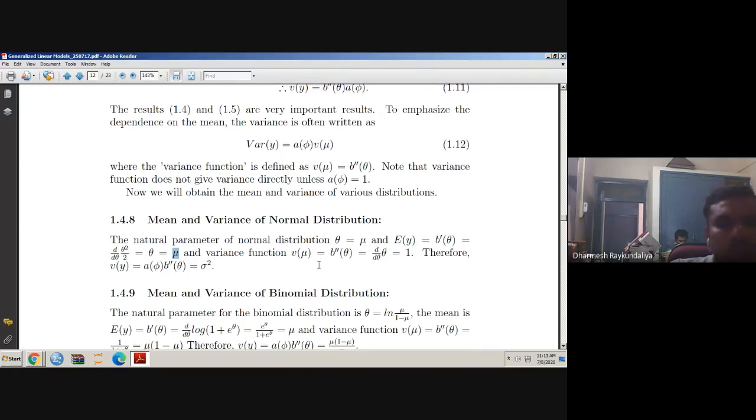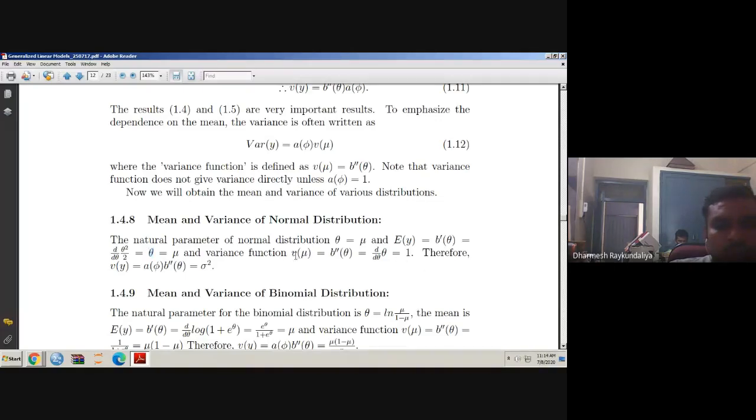And what about the variance of y? The variance of y is equal to a phi into b double dash theta. How do we obtain b double dash theta? It is the derivative of b dash theta with respect to theta. What is b dash theta? It is theta. So what is the derivative of theta with respect to theta? It is 1.